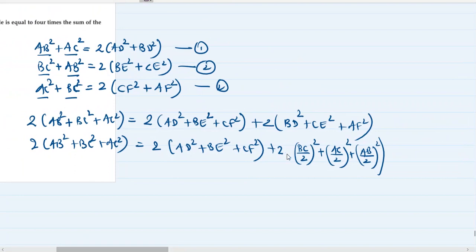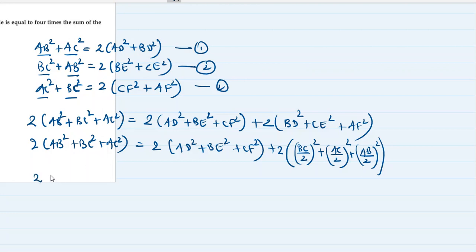Okay, so great. Now let's simplify. This is the time for simplification.